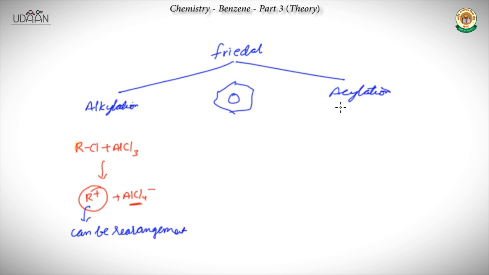And the next one is Friedel-Crafts acylation, where you have an acylating agent like RCOCl, say, and a Lewis acid like AlCl3. Now here you are going to get RC+=O, a positive charge here, and AlCl4 minus.